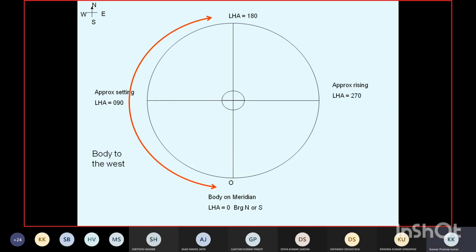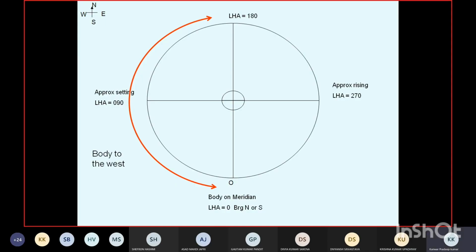Actually, this slide is made to show something different. If the local hour angle of the body is 0 to 180, the body lies to the west of the observer. These are important statements which will help you in your numericals and theory, so understand and make note.